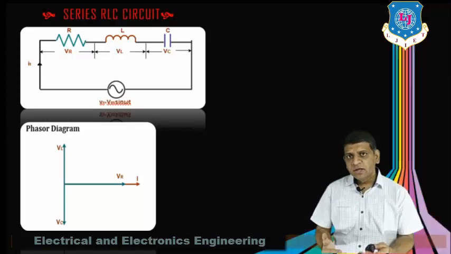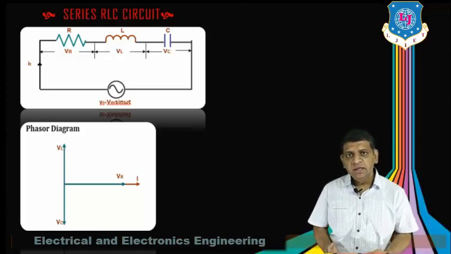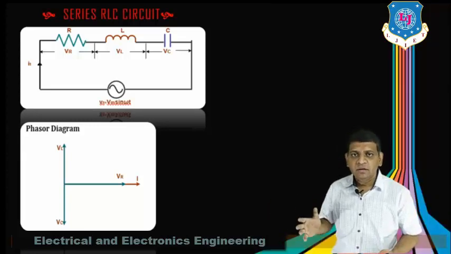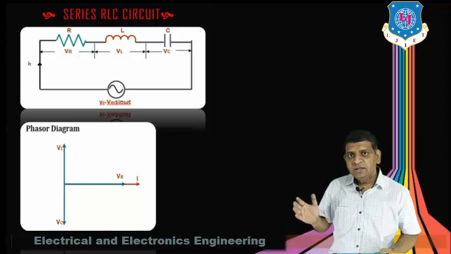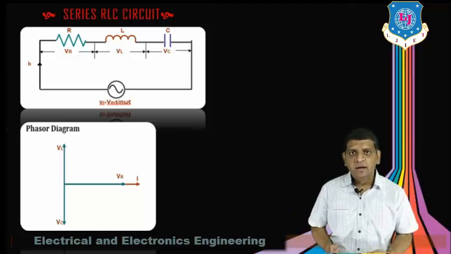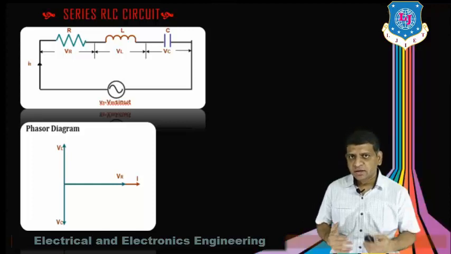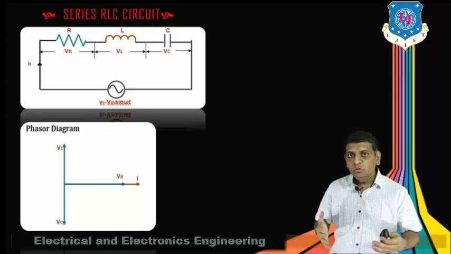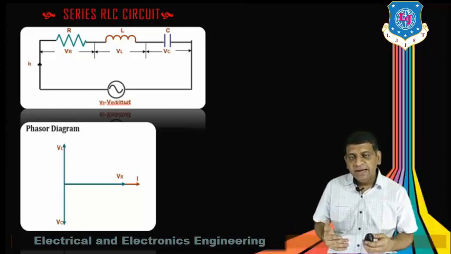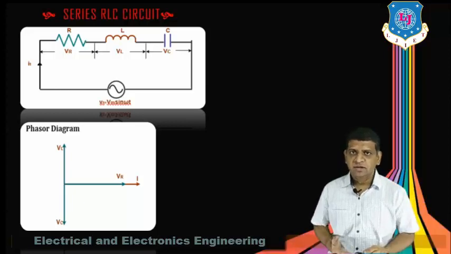But this is not the case with the inductor. In an inductor, current is lagging by angle 90. So you can see here that the voltage across the inductor VL is leading by angle 90 with respect to the current flowing in the circuit. In the same way, for the capacitor, you can see that VC is lagging by angle 90 with respect to the current I flowing in the circuit, right?